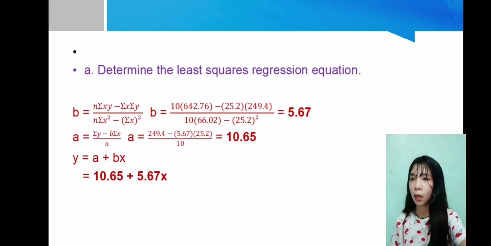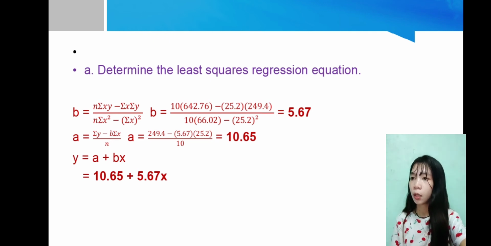Substitute the formula. B equals 10 multiplied by 642.76 minus 25.2 times 249.4 over 10 multiplied by 66.02 minus 25.2 raised to 2 equals 5.67.